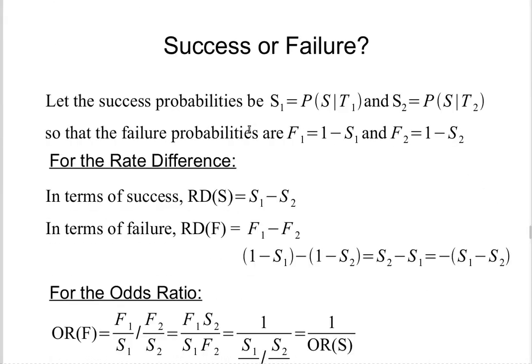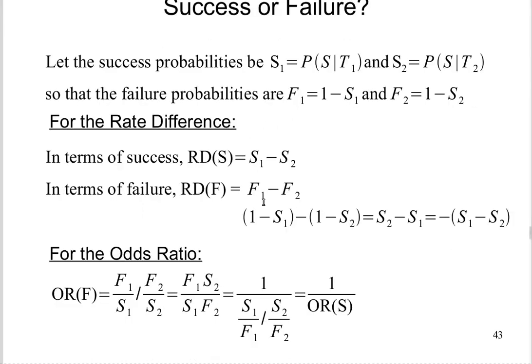Now, here is some of the analysis. I don't propose to spend too much time with this. We can go through some of the calculations. They are fairly elementary. This is merely showing that the success rate difference is the negative of the failure rate difference. And then this little bit of algebra is showing that the odds ratio in terms of failure is the reciprocal of the odds ratio in terms of success.